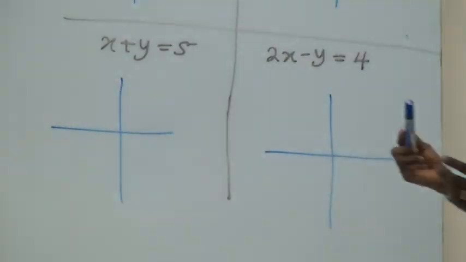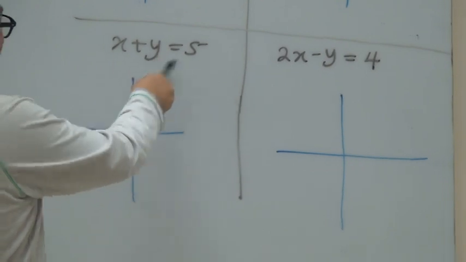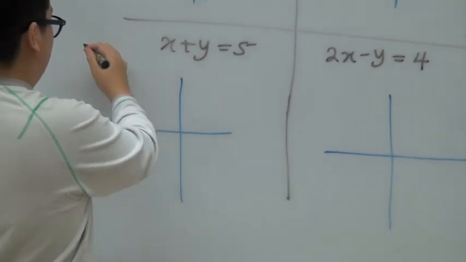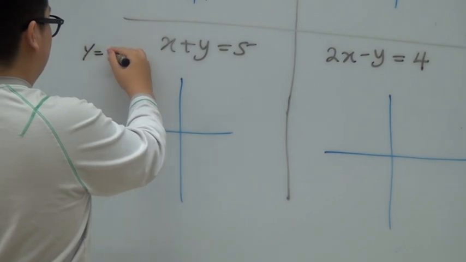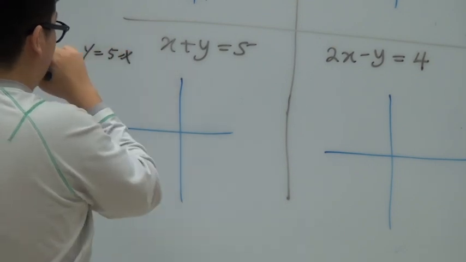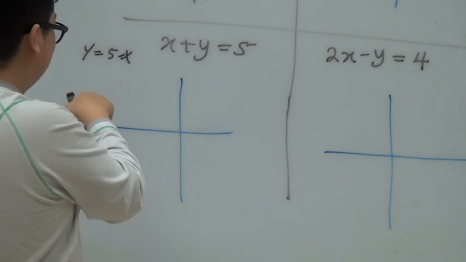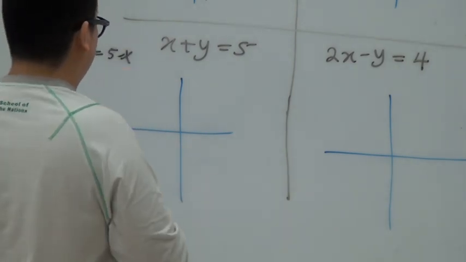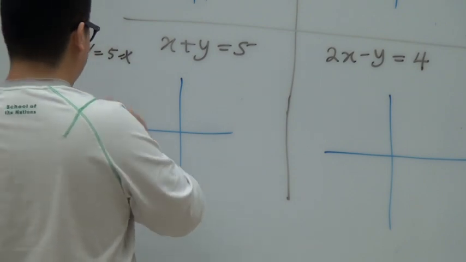All right, just try. Right? This is correct. Minus x is 5.